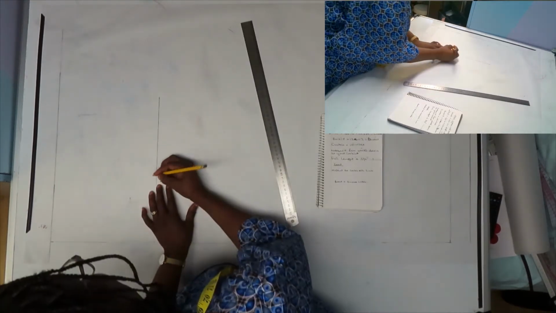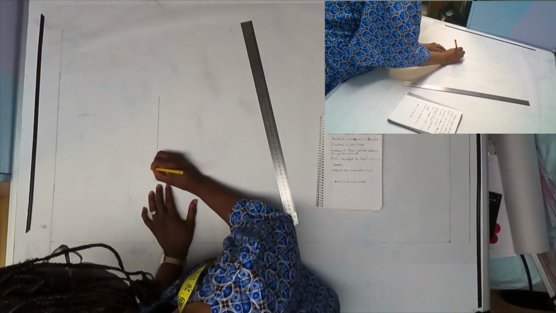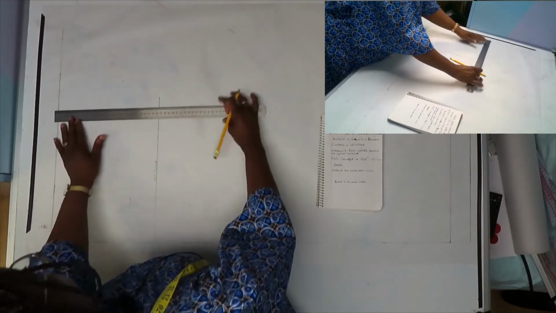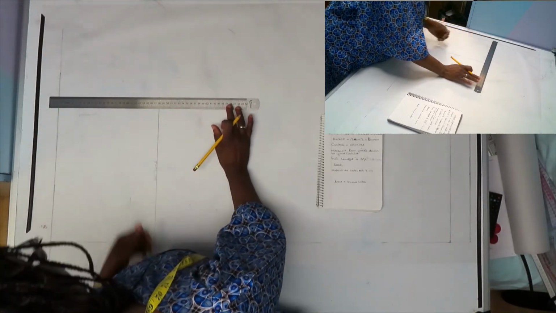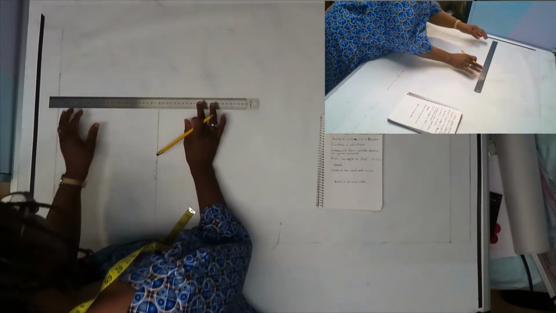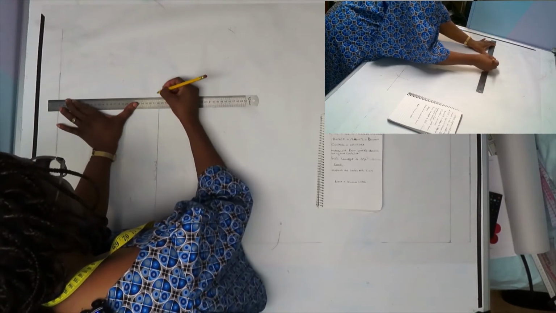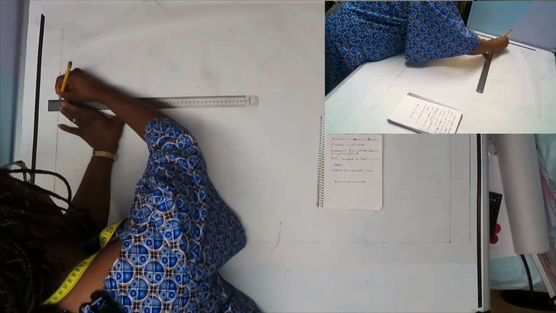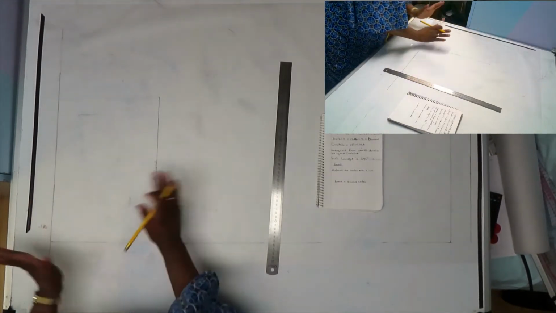And this cross line, we're going to name as your hip line. Okay, so that is your hip line. And now we just connect it. All right. So now you have your square.